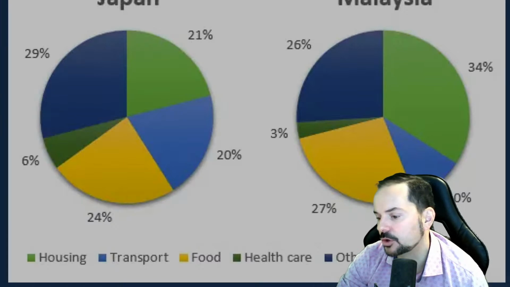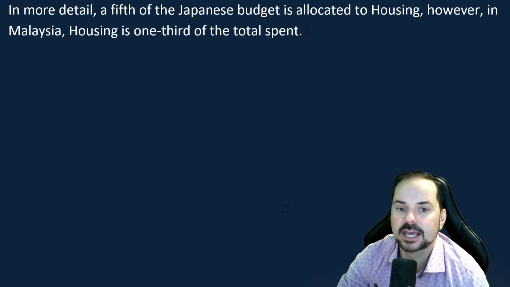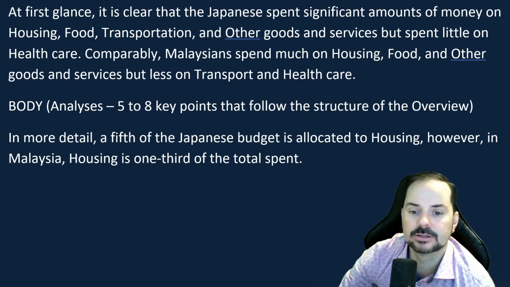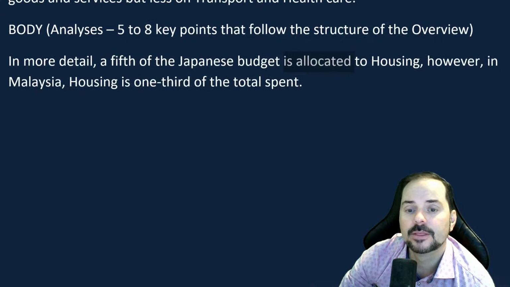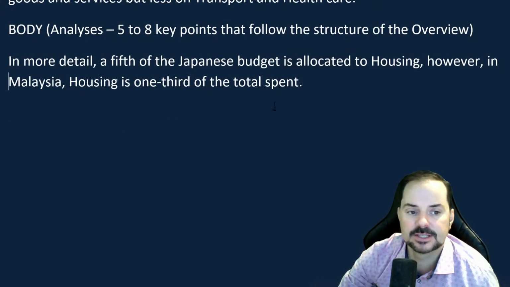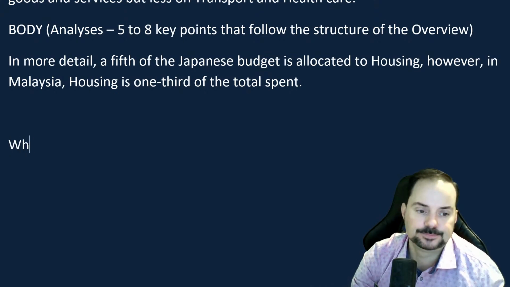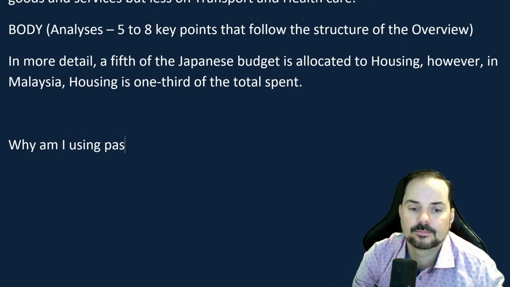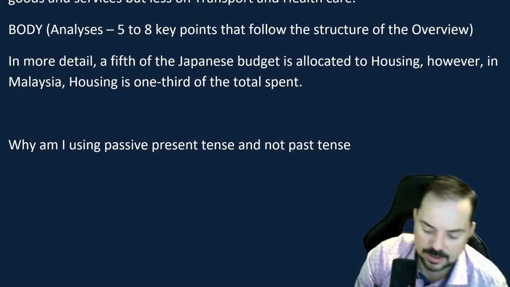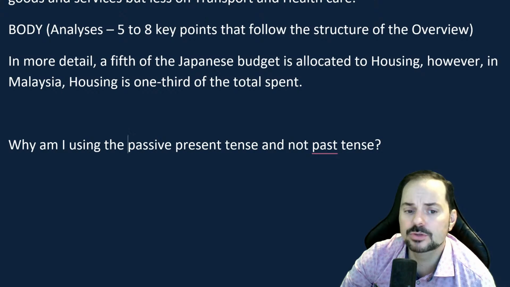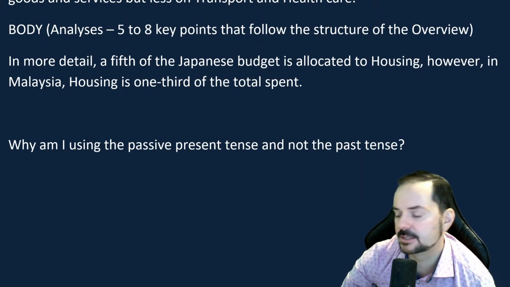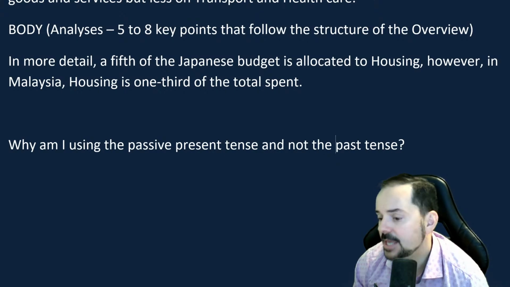Okay, somebody's asking a good question. Prajapati is asking, why do we not write "budget was allocated"? Why am I not using the past tense here? Here I'm using the passive voice, but not the past tense. Why am I not using the past tense, students? Why am I using the passive present and not the past tense? Yeah, exactly, Chusli.